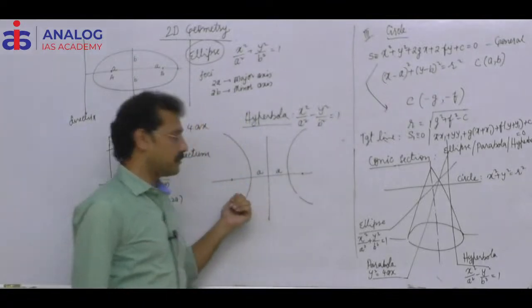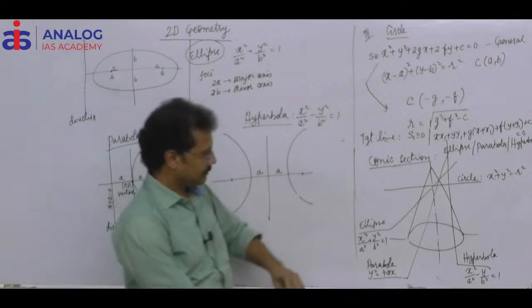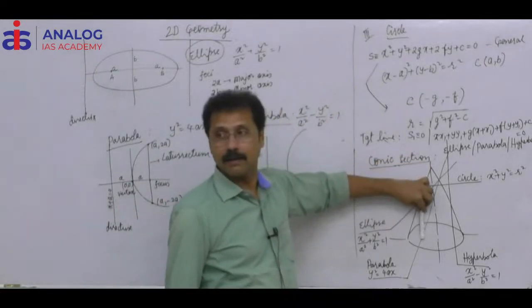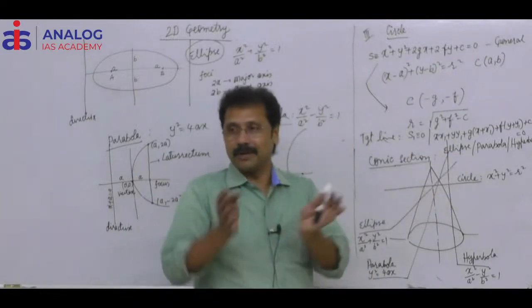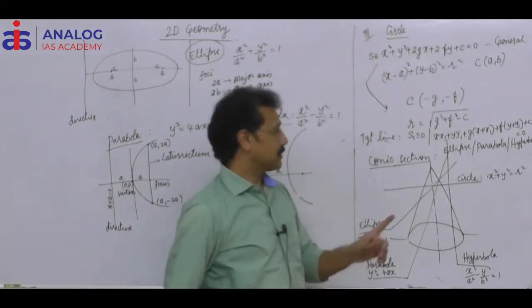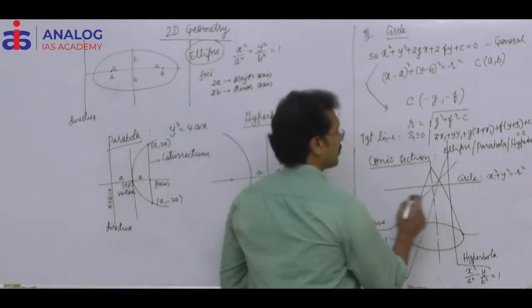How do we get the other? There are so many like this, no? Cone, no? Up there is another one. The cone is not just this one.